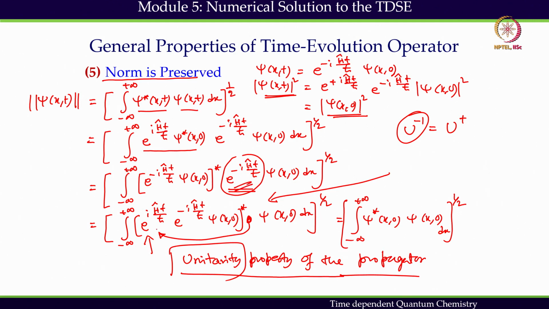This part and this part are inverses of one another. And so because it is a unitary operator, its norm is preserved. That is something which we should remember. So, as a result, the normalization constant does not change during the dynamical evolution of the quantum system. So, these are the 5 properties we have shown so far, and we will stop here, and we will present the numerical implementation of the time evolution operator in the next session.